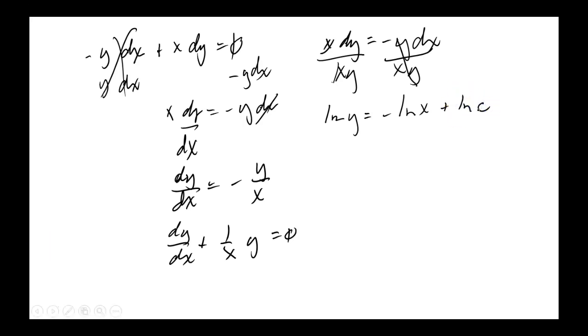Log y is equal to minus log x plus log c, that's not quite the same, but then e both sides and you get y is equal to minus cx, or c over x.